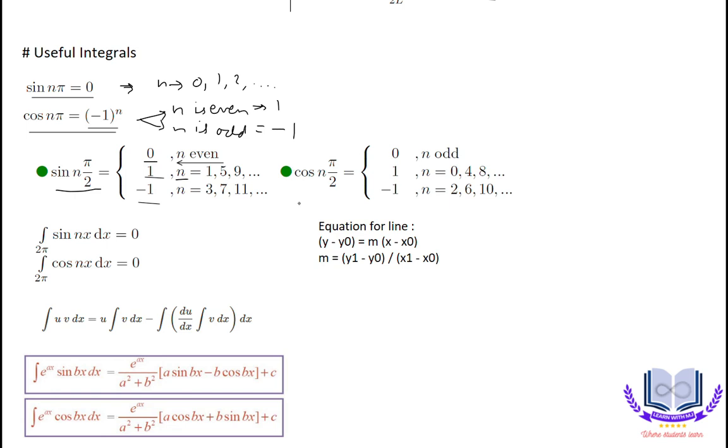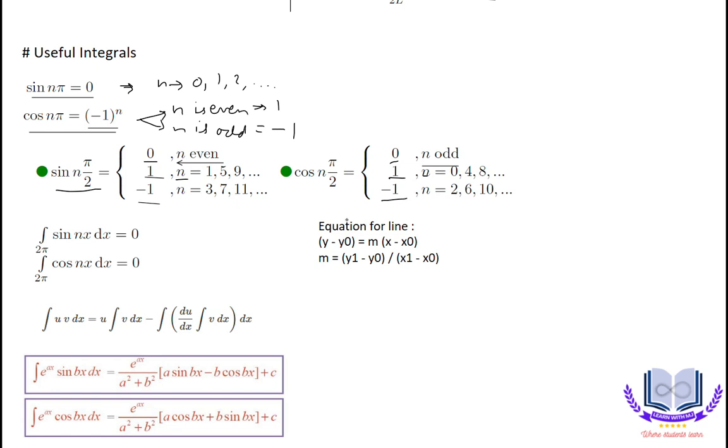Same for cos n pi by 2. Whenever n is odd, we directly replace cos n pi by 2 by 0. Whenever n is a multiple of 4, you can directly replace it by 1. And whenever n is of the form 4k plus 2, you directly replace it by minus 1.